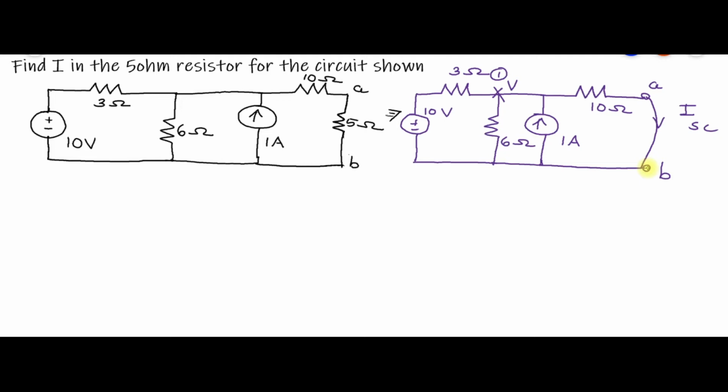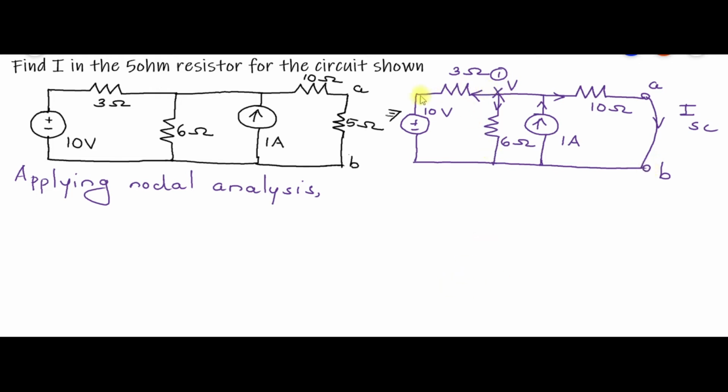So applying nodal analysis, I am assuming every branch current as a leaving current. Here there is an incoming current, so we can assume the sum of incoming currents is equal to the sum of outgoing currents.